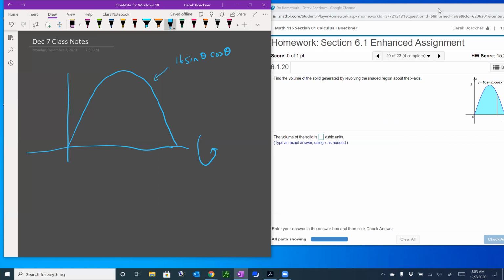So we're going to have sort of a, it's not really a sphere because this comes to a point on the sides, but it's going to be a mirrored shape with circular cross sections here.